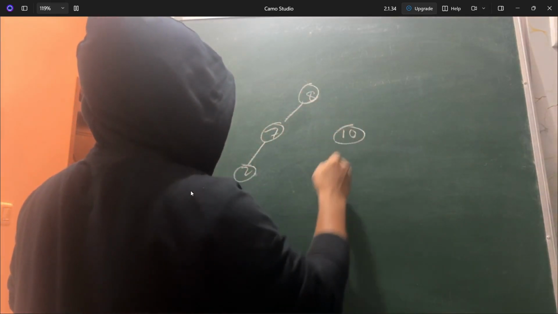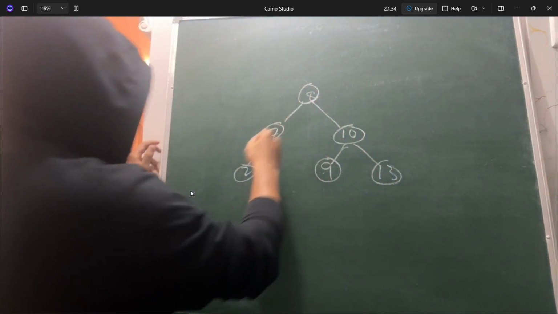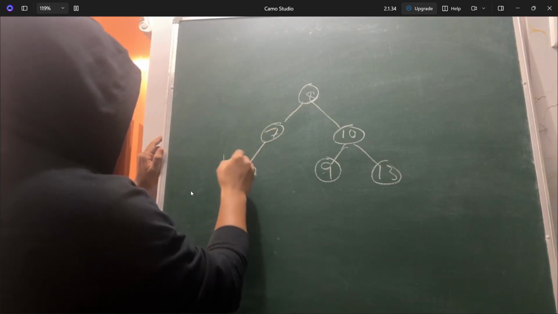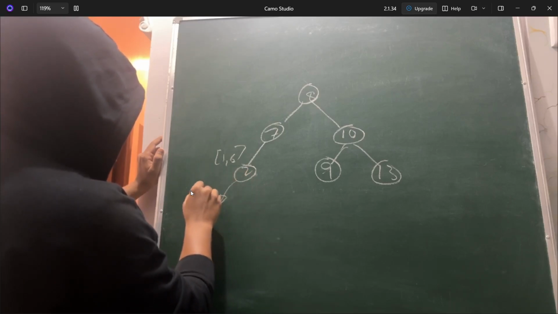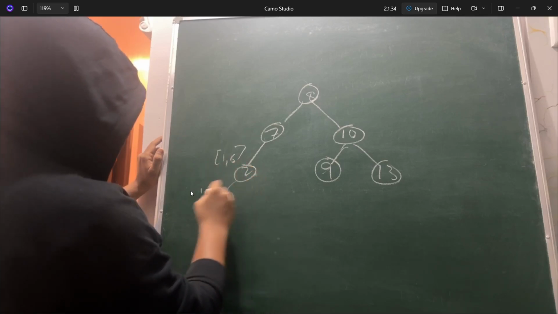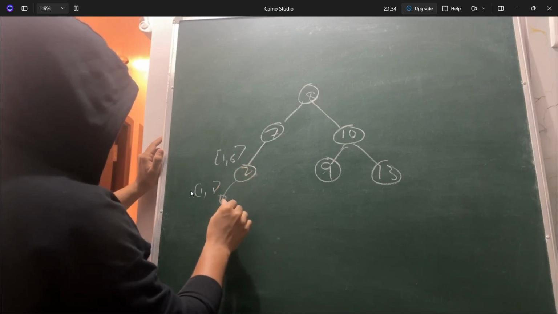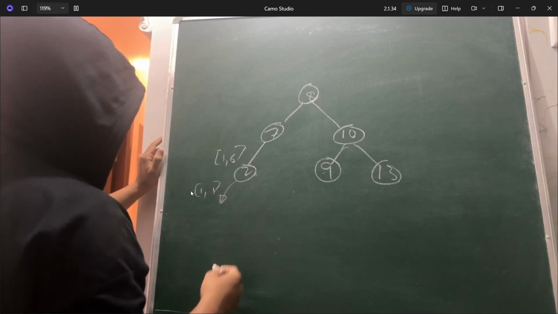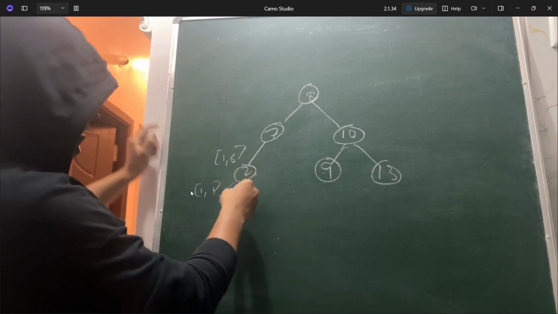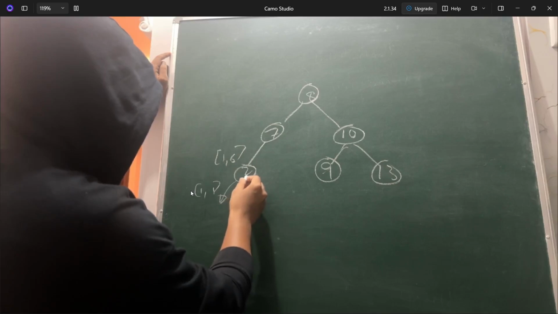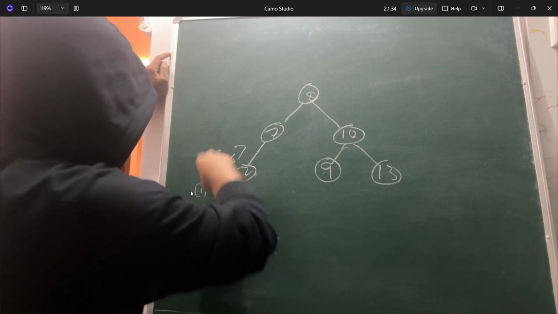Here it was 10, 9, and then 13. So if you come to the root, here the range was like 1 to 6. So you'll call the left function, whose value will be from 1 to this minus 1. So this is basically the root node. In that case we'll have to return false, because we are not having any dead node. Whenever we encounter null values, which means this is not a dead node, we'll have to return false in that case.